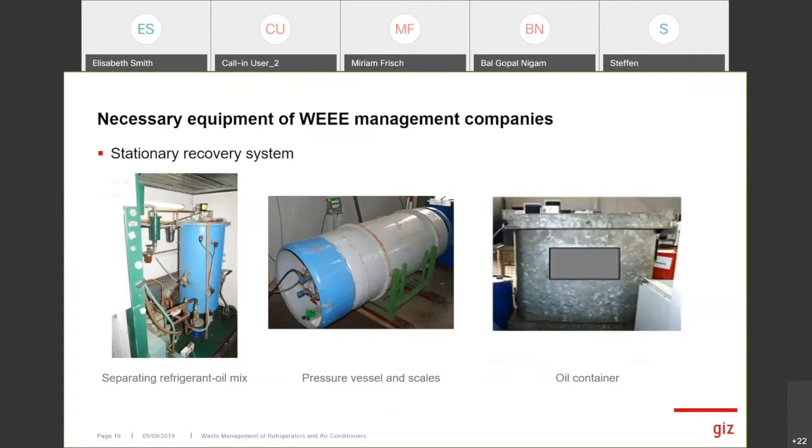Here is an oil separator and refrigerant separator working with electrical heaters, but this equipment is also available for other oil separating equipment. Then we have pressure vessels for receiving refrigerant and oil containers for the lubricants from compressors.